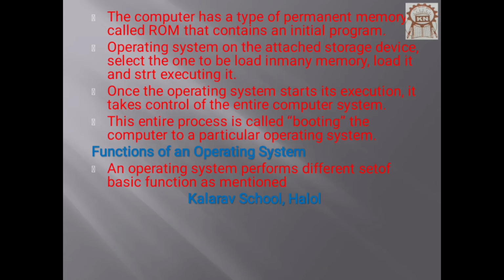The computer has a type of permanent memory called ROM that contains an initial program, which selects the operating system on the attached storage device to be loaded into main memory, loads it, and executes it.